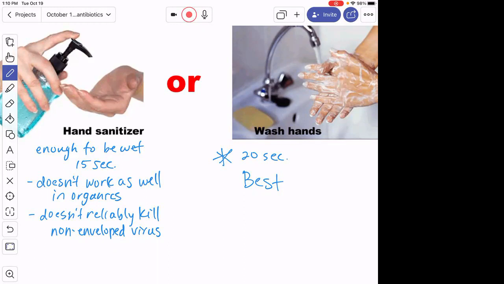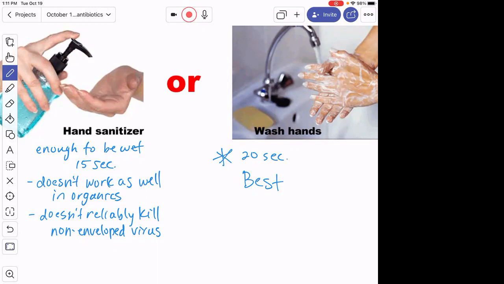Naked or non-enveloped viruses are quite a ways up the hierarchy in terms of hard to kill. So basically COVID and influenza, enveloped, easy to kill. So yes, hand sanitizer works great against COVID. Something like norovirus, which is probably the most common non-enveloped virus that we would be infected with, is not reliably killed by hand sanitizer.